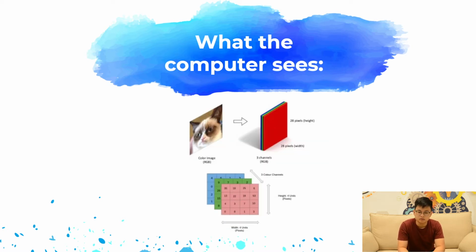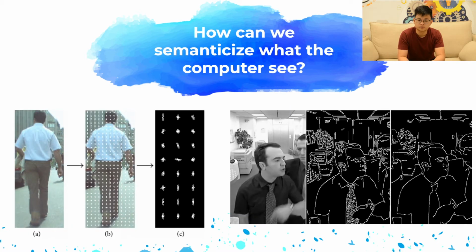But what the computer sees is just a sequence of random floating point numbers. And the question is, how do you encode high-level semantic features on this image? How can you semanticize what the computer sees?